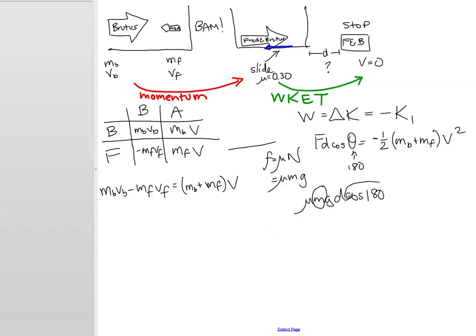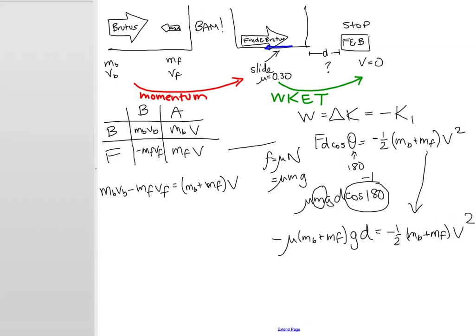Cosine of 180 is -1, so I'll put that together and I get minus mu times mass of Brutus plus mass of Fred, g d equals, bringing this guy down now, minus 1/2 mass of Brutus plus mass of Fred times the velocity squared.